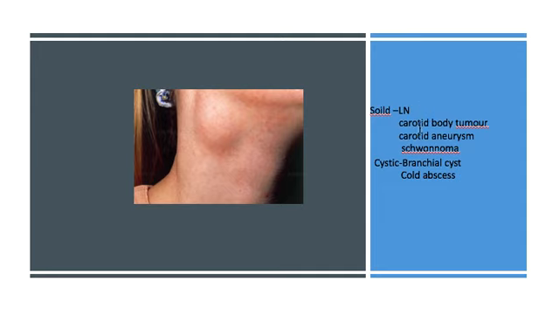Lymph node: when you feel the other physical signs like the consistency, the margins, the mobility, you can find out the possible diagnosis. So lymph node, you may have a bit of a firm node, some mobility, especially in the lateral directions, and of course you have to elicit other physical signs like tenderness.